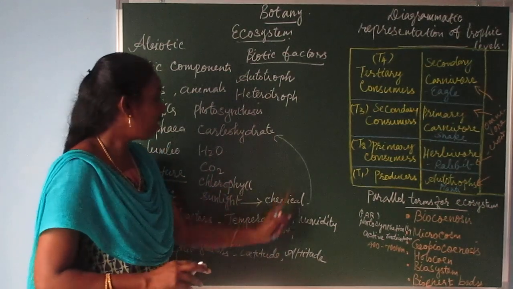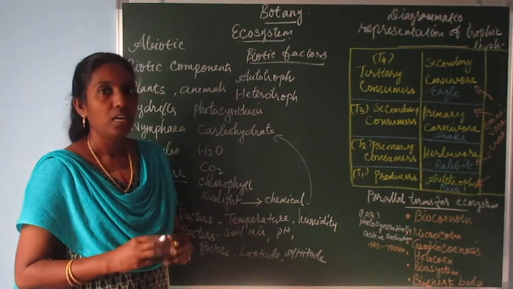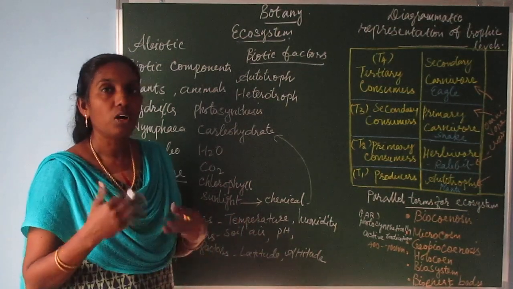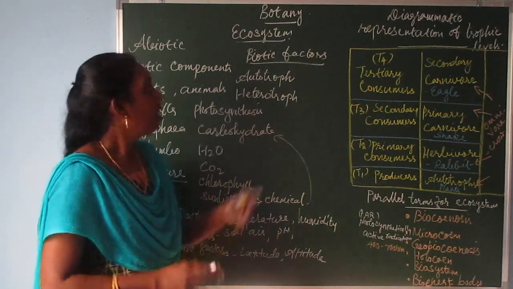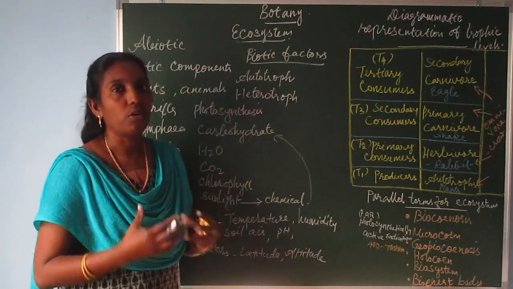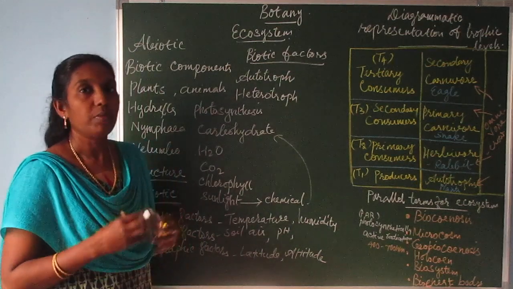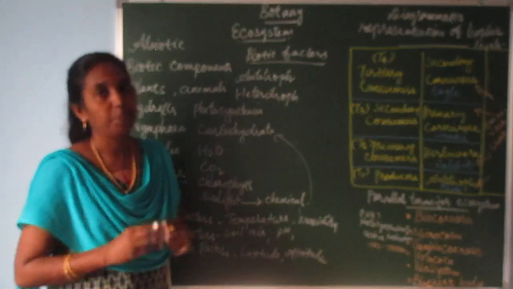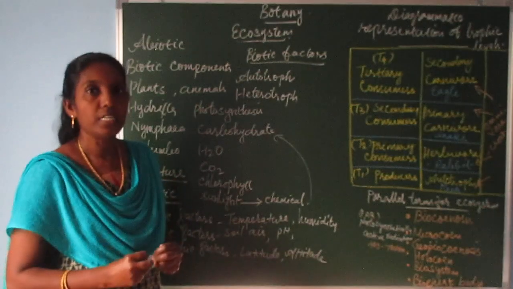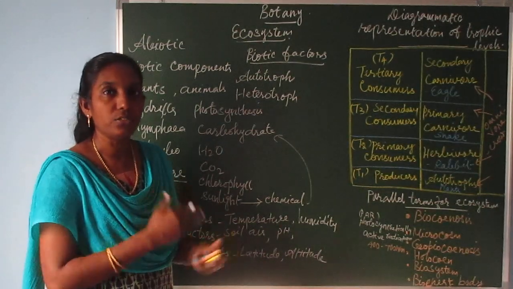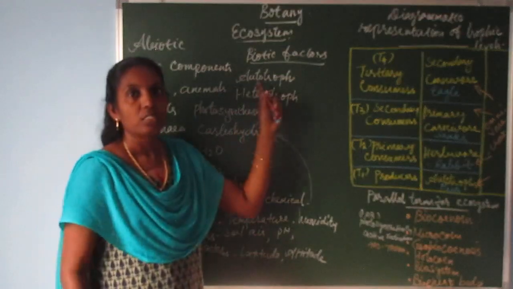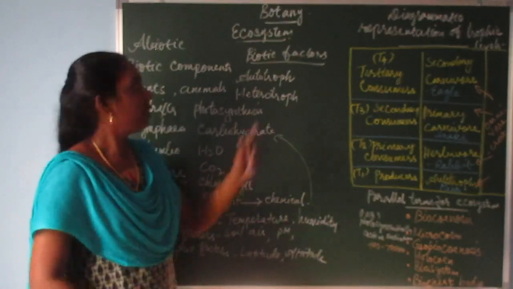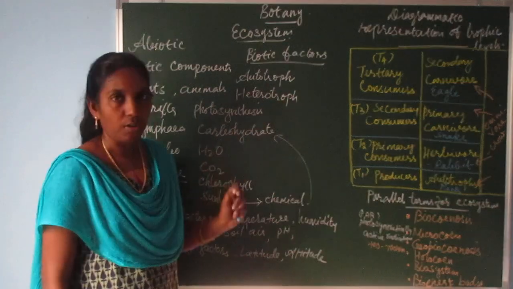They have the ability to manufacture food, photosynthetically or chemosynthetically, so they are called autotrophic organisms. An example of an autotroph is green plants, which have the ability to convert light energy into chemical energy and prepare their own food.